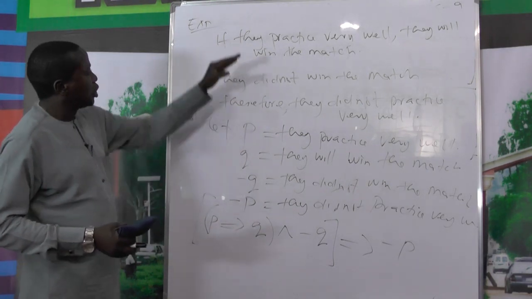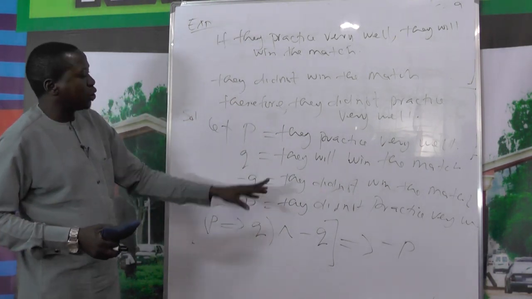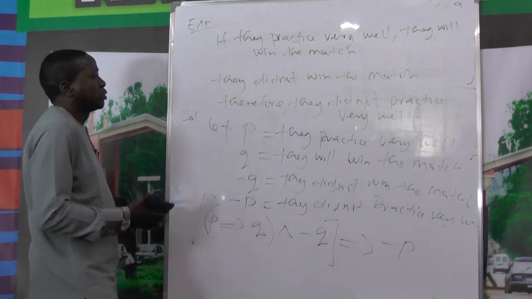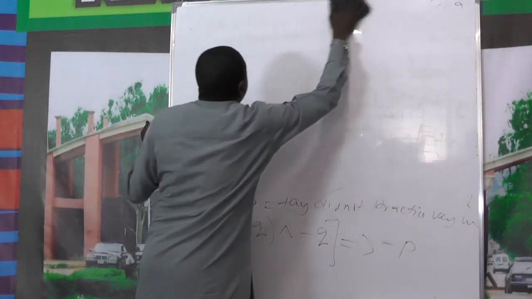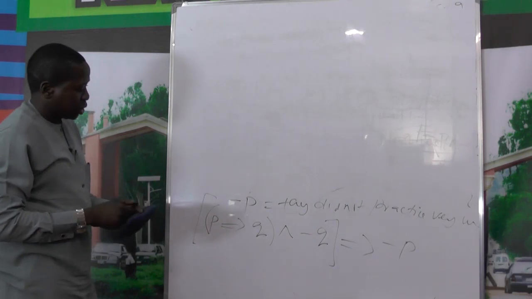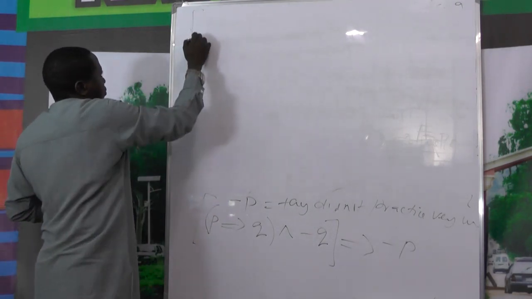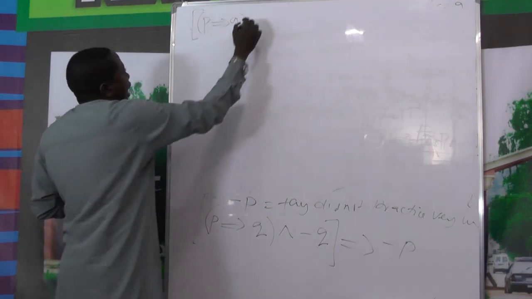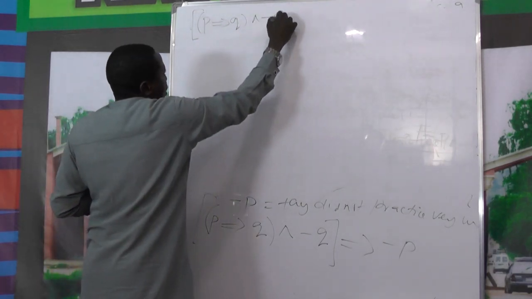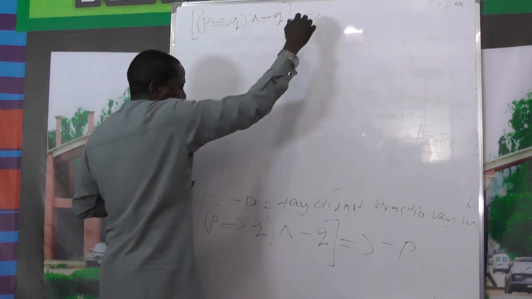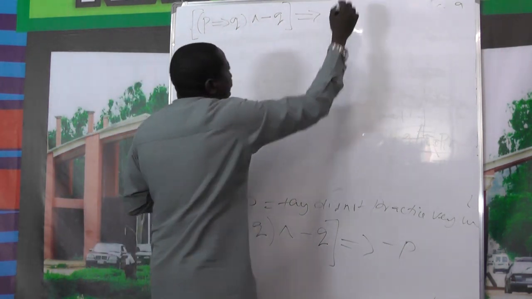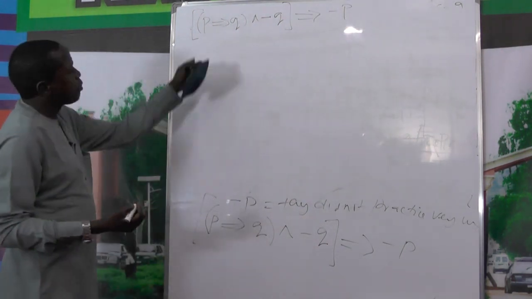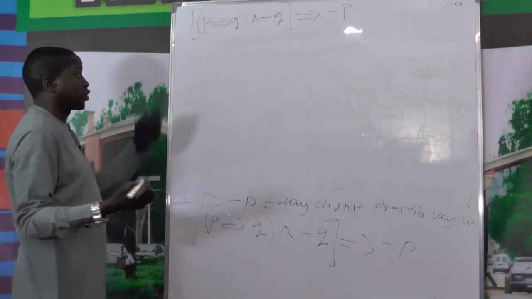After this one, we will draw a table to check whether this argument is valid or not. But first of all, you interpret your question like this. I believe you have understood how we interpret the question. So now I have P implies Q and minus Q, and everything now produces our conclusion, minus P. From this question, we have two statements, as you can see.